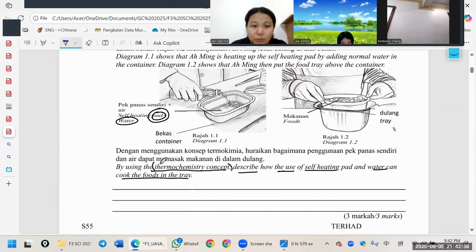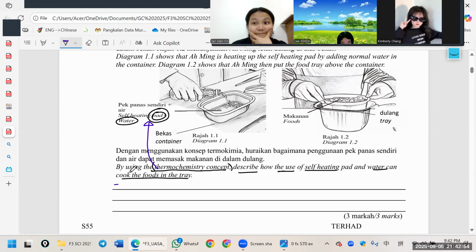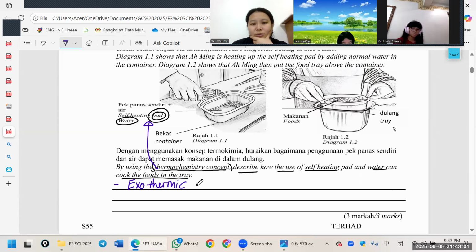Right, so what is this thermochemistry process? First tell the name. It is exothermic. Yes, it is an exothermic reaction. Now, 3 marks. Please describe exothermic.